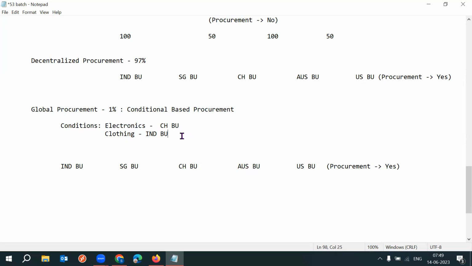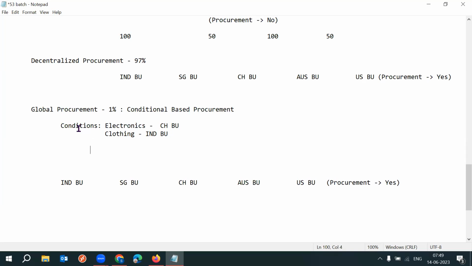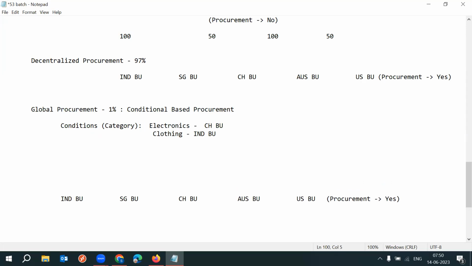Not only based on the category, you can also write conditions based on the amount that you are procuring.